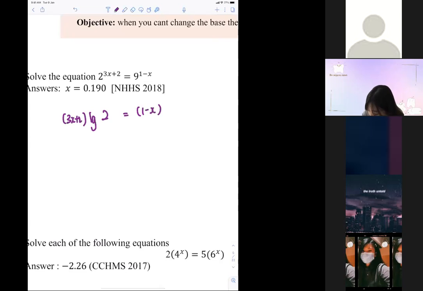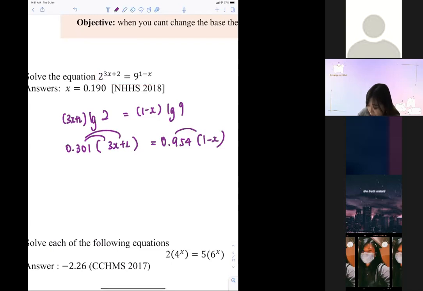Okay, Nanhua question usually quite hard. So why did they give this question is because the easier it is, the more confusing it looks. So you just have to log both sides. And the key to doing this question is, right, you change this to a number first. Log 2, we can change to a number. Log 9, you can change to a number. Okay, when you change to a number, you just have to expand the bracket, x one side, number one side.